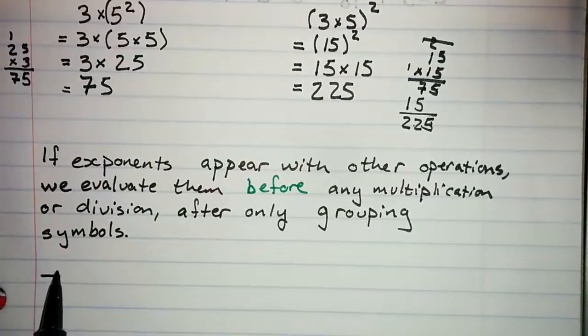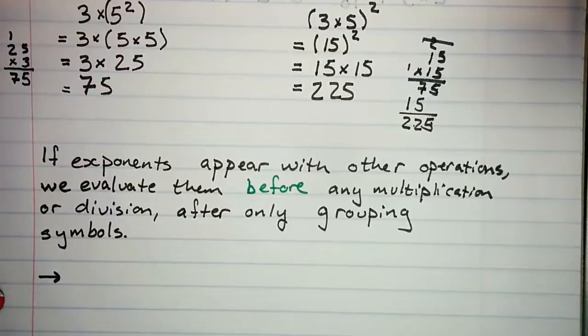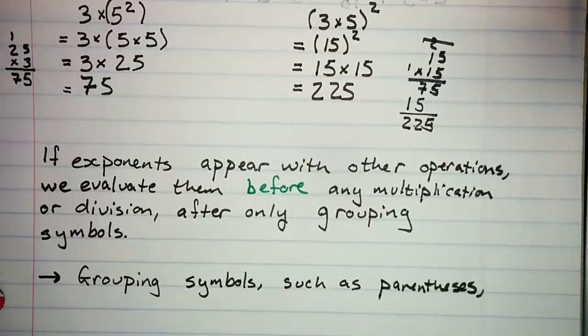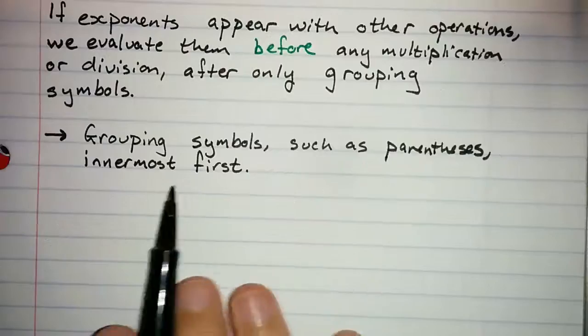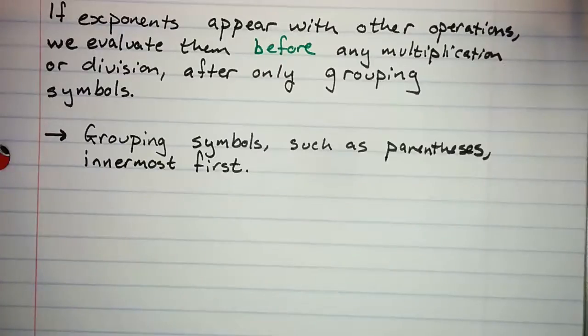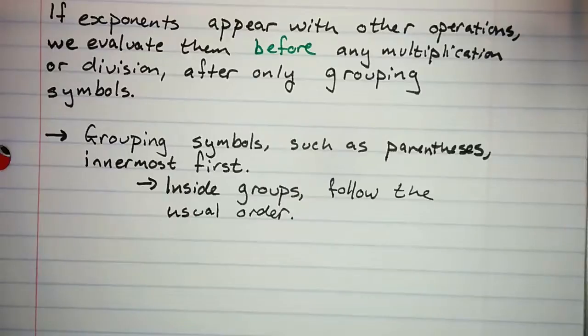Our first step is any operations inside grouping symbols, including parentheses. And if we have more than one layer of parentheses, we evaluate the innermost first. If we have more than one operation inside parentheses or another group, inside the groups we follow the usual order.